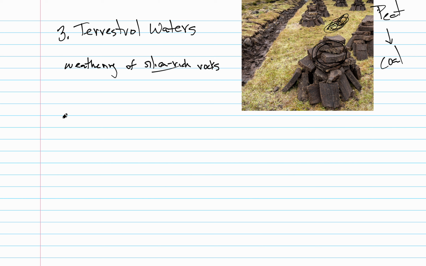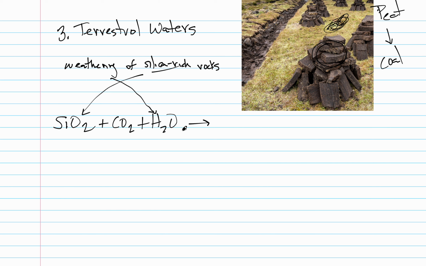Simply, we take SiO2. This is our silica-rich rock. Plus CO2 plus H2O, which in a lot of ways is doing the weathering. So if here's one side of the chemical formula, and if we're going to associate some of these chemical symbols with a word, I want you to associate SiO2 with silica-rich rocks. I want you to associate H2O with the word weathering.